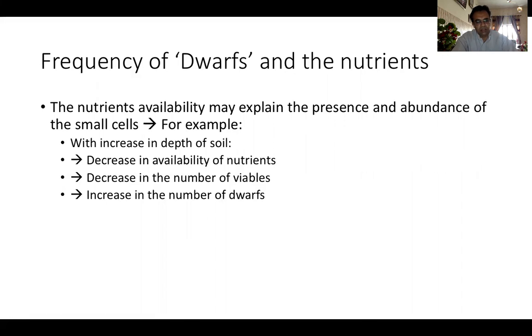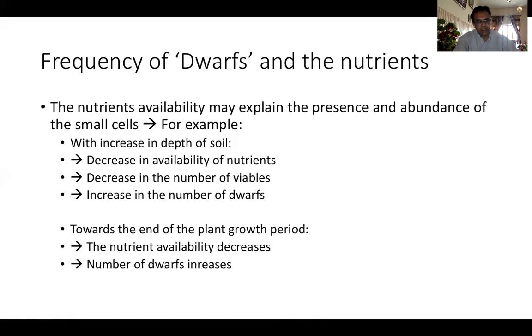For example, if we increase the soil depth, we see there is a decrease in availability of nutrients. At the same time, the number of viable cells also decreases, and the number of dwarf cells increases. So we see that with decrease in nutrients, the number of dwarf cells increases.